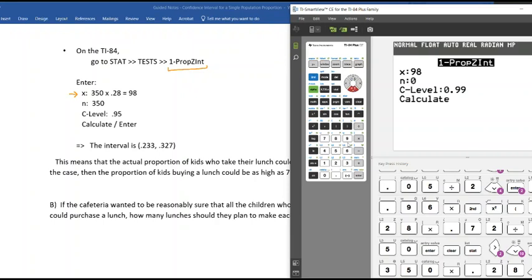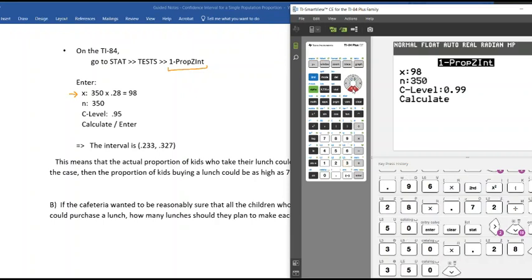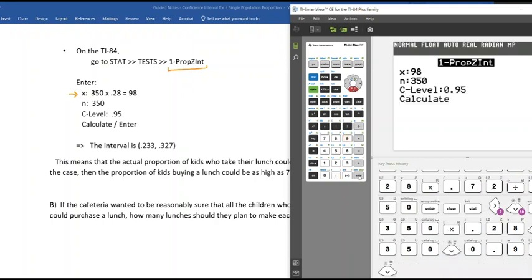Now n is 350. The confidence level in our case is 0.95. And now to calculate, we hit calculate, and we get about 23% and about 33%. So this is actually rounded to more decimal places, but this is consistent with the formula.